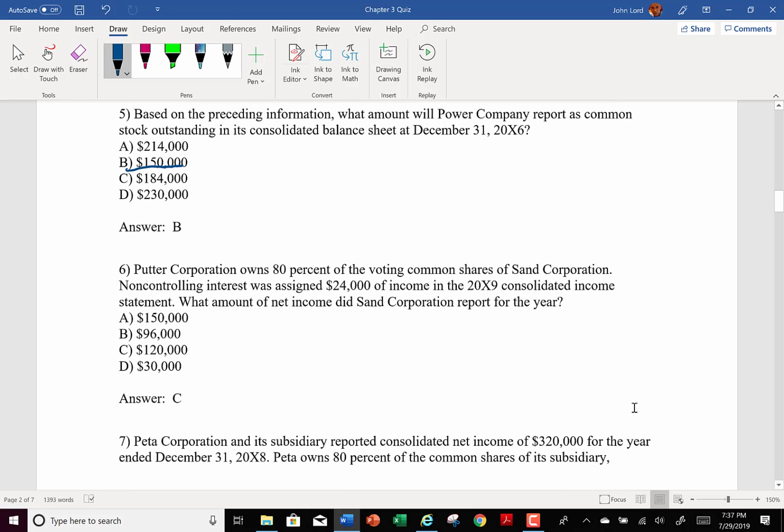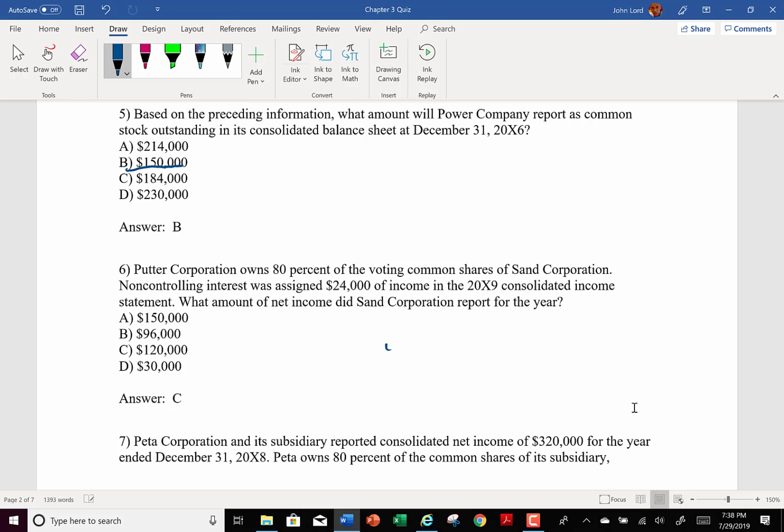Putter Corporation owns 80% of the voting common shares of SAN. Non-controlling interest was assigned $24,000 of income in the 20X9 consolidated income statement. What amount of net income did SAN report? We're getting repetitive here.